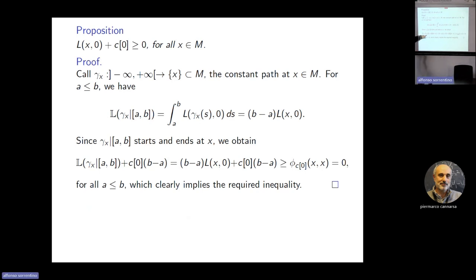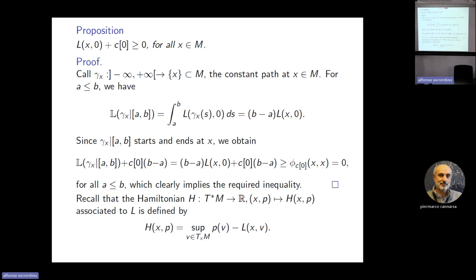Therefore, the action of this curve modified by c0 is larger than phi_c0(x, x), which is 0, because we said that phi_c0 is a semi-metric in that case. Now, of course, this is true for all x, so it gives you that L(x, 0) plus c0 is non-negative.